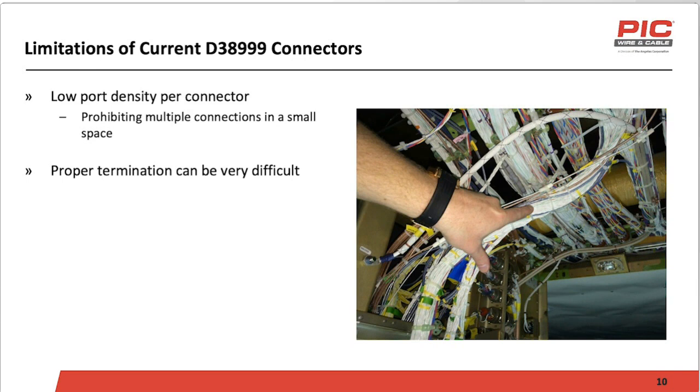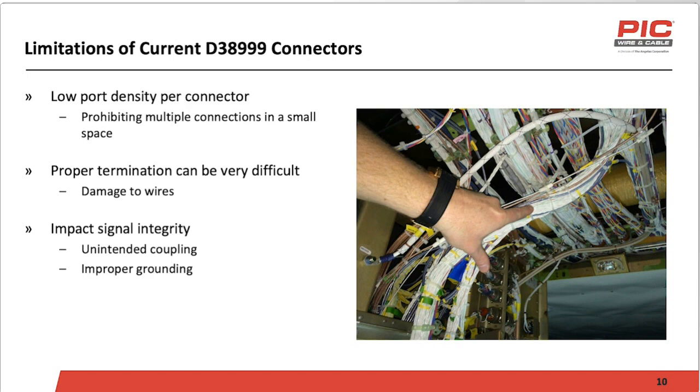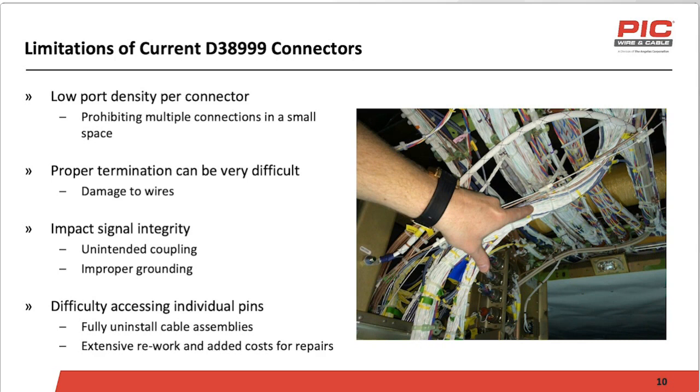While terminating the cables, damage can occur to the wires, which impacts signal integrity. How the cables and pins are terminated in today's 38999 product makes repairing a damaged connector extremely difficult, if not near impossible in some instances. This can lead to extensive rework and added costs for repairs, as well as unplanned downtime for the aircraft or vehicle.